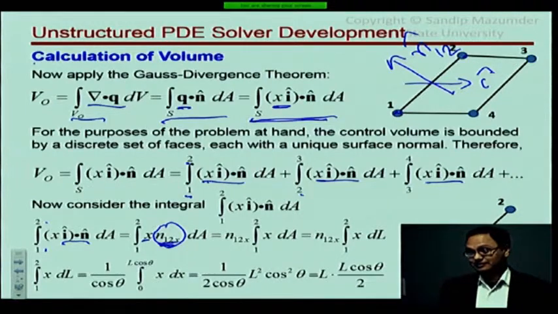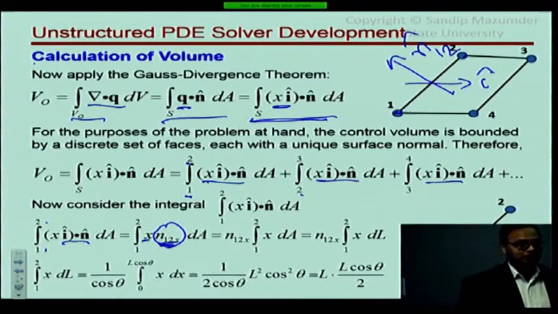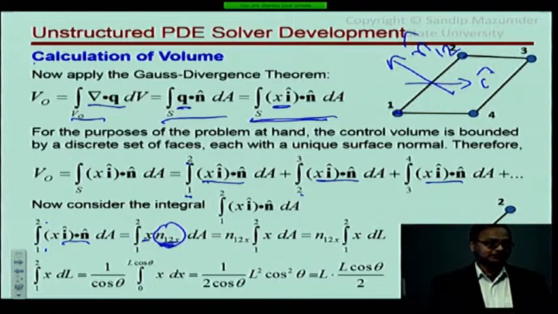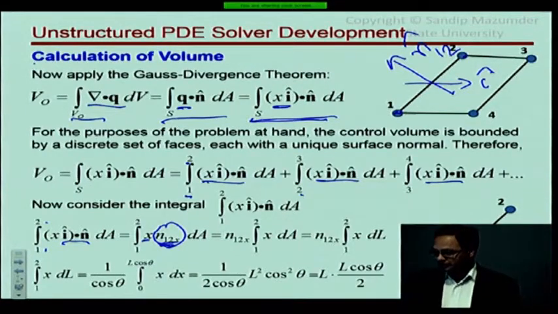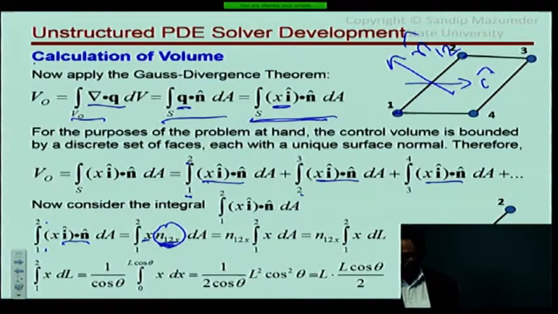If it was bounded by curved surfaces, then yes, the surface normal would change at each point. But luckily, our mesh generators don't generate those kinds of control volumes. They generate polygons or polyhedrons, which have straight faces or edges. So this surface normal is not changing when I'm going from 1 to 2. Therefore, I can pull it outside the integral, and my integral simply becomes the integral from 1 to 2 of x dA.